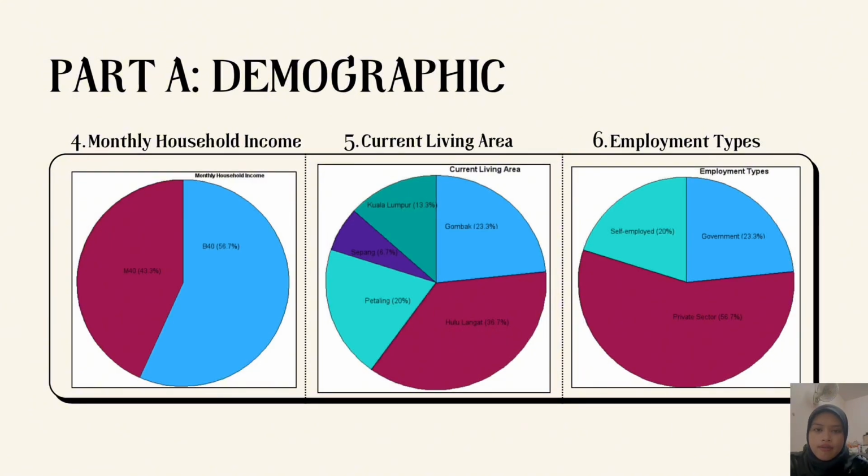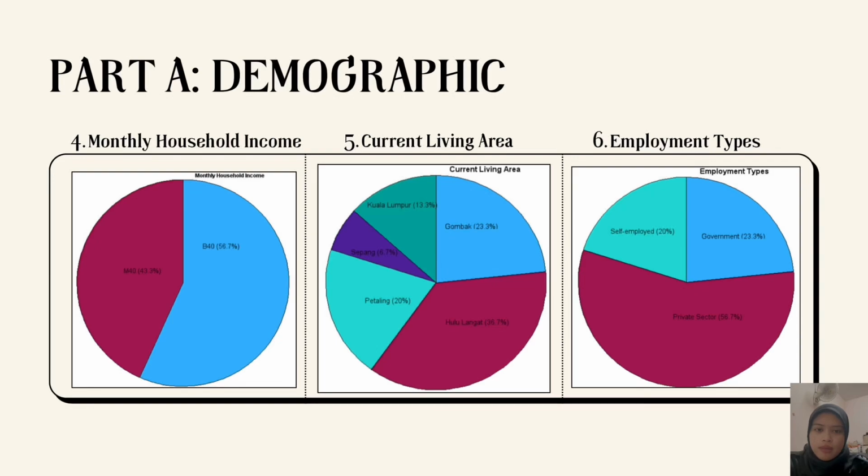Regarding current living area, 36.7% of respondents live in Hulu Langat, 23.3% in Gombak, 20% in Petaling, 30.3% in Kuala Lumpur, and 6.7% in Sepang. This distribution suggests that respondents tend to reside in relatively more affordable suburban areas rather than central urban locations.